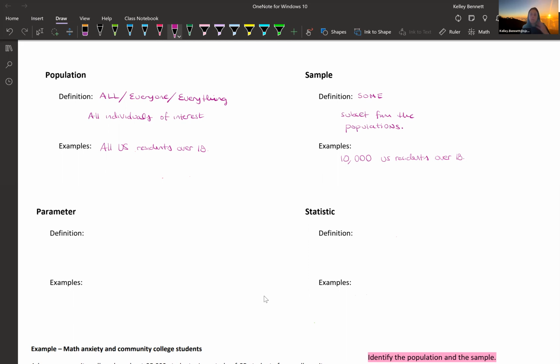So next we're going to talk about parameter and statistic. So a parameter is associated with the population and a statistic is associated with the sample, but they're both measurements of the group.